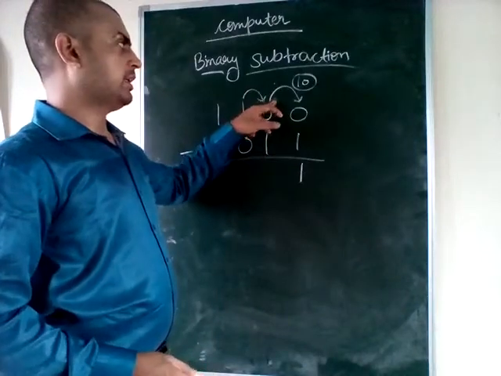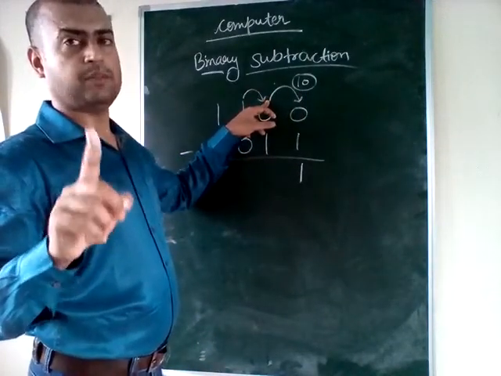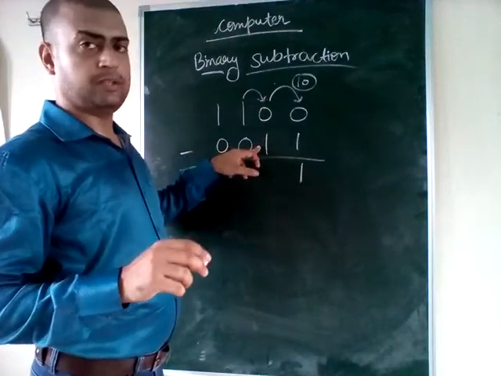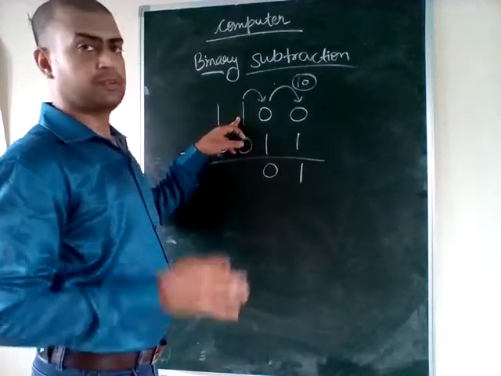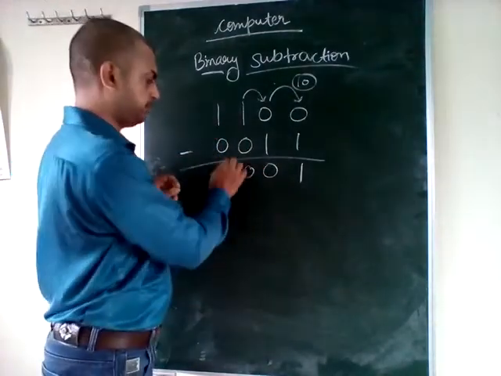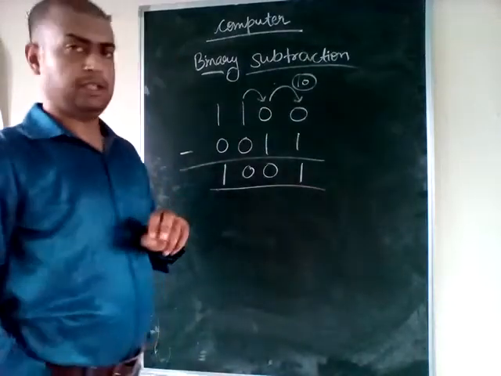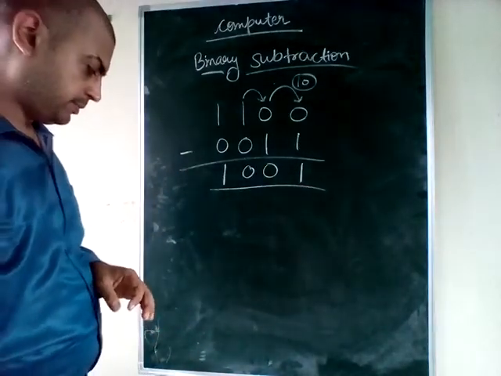Now here, if it is 2, it will be 1 less than 2, so it will be 1. 1 minus 1, 0. Here 0. Here 1. So this will be the answer of this question. Note it down.